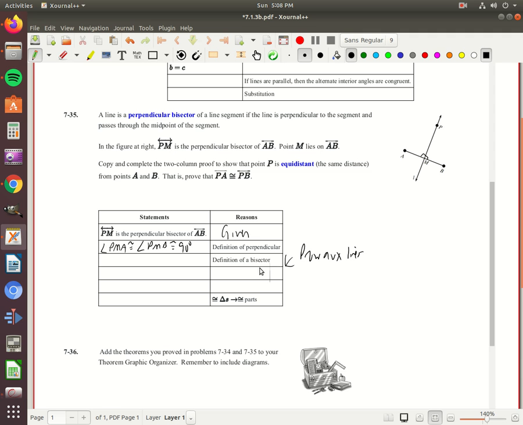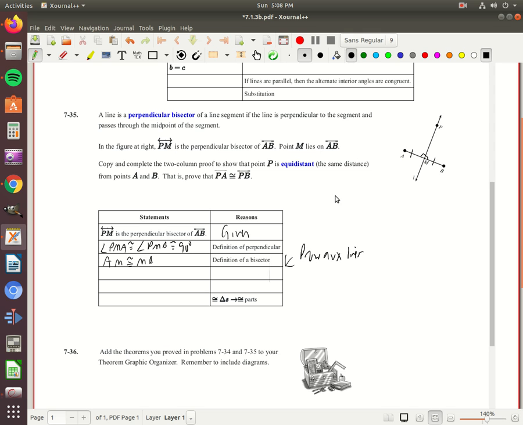Next, definition of bisector. Well, that means cut in half, and I know PM cut this in half, so I'm going to say AM is congruent to MB. That's the definition of a bisector.